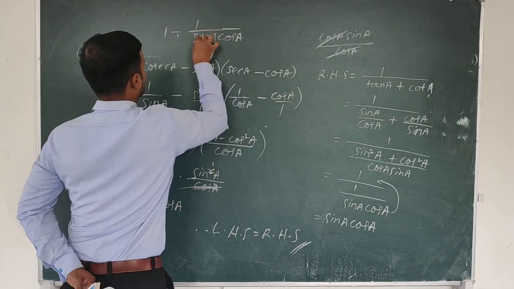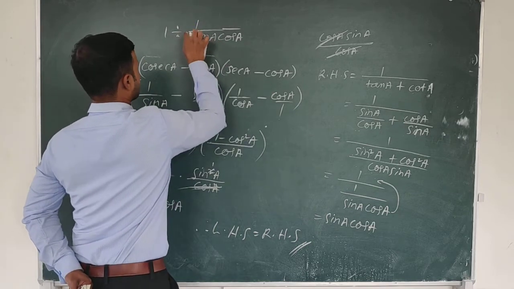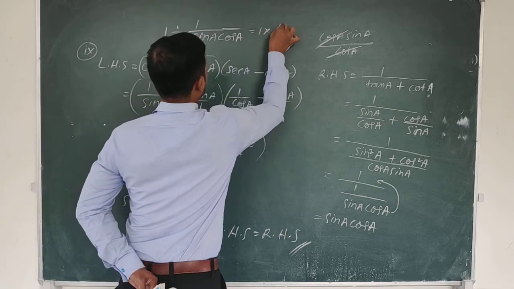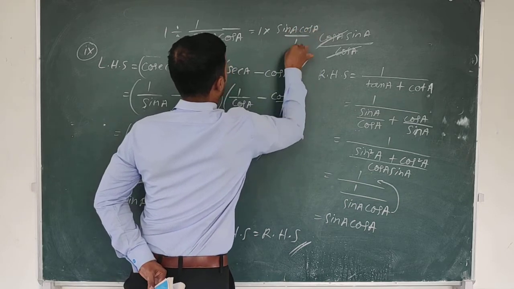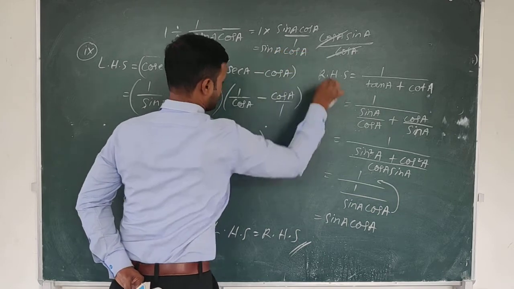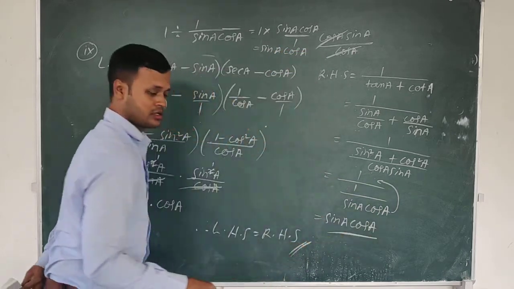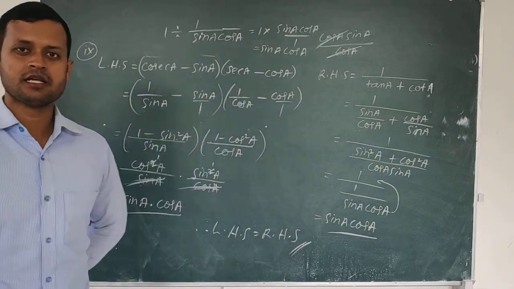So that is equal to 1 into sin A cos A by 1, which is equal to sin A cos A. See here, therefore LHS and RHS are equal. So therefore our identity is proved.